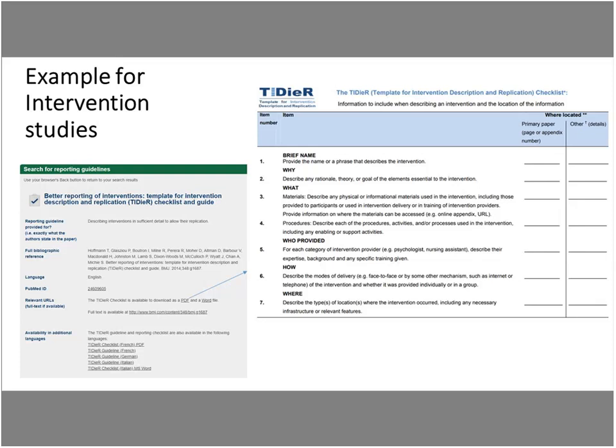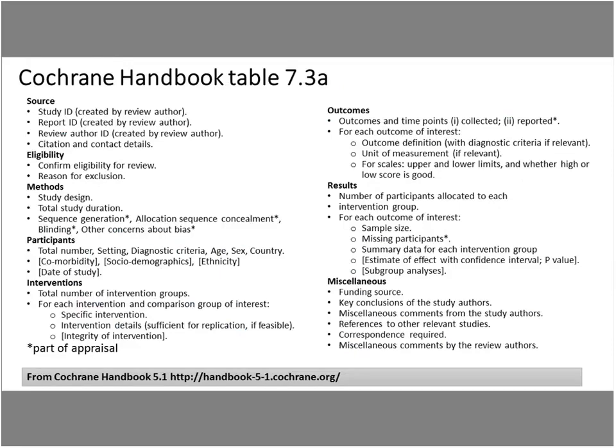I like how Cochrane breaks it down, and so this is from the Cochrane Handbook, their table 7.3a. These are the things that they ask reviewers to collect on each study. At the beginning, it's who are you and which study are you coding?